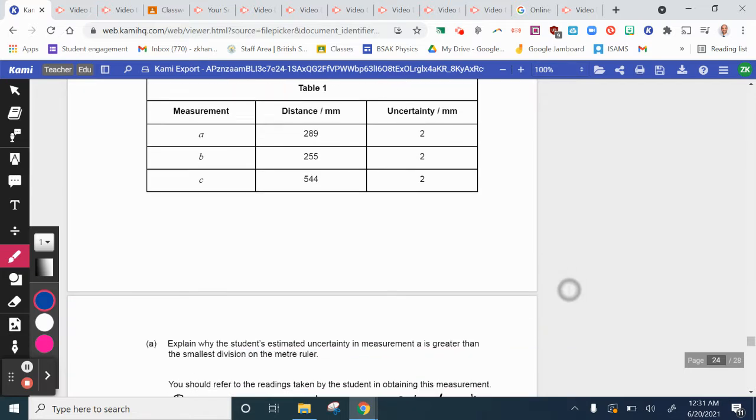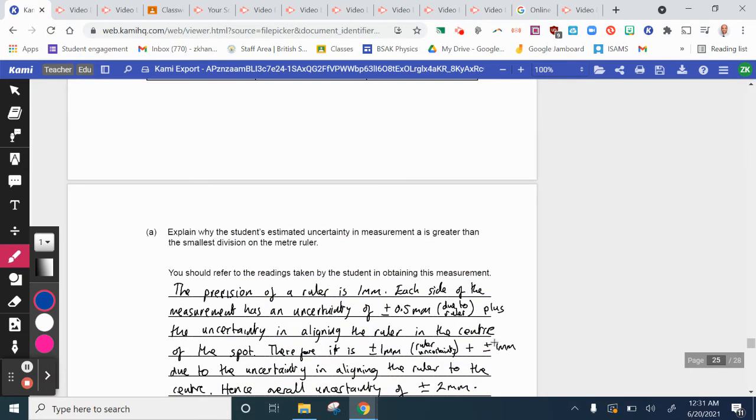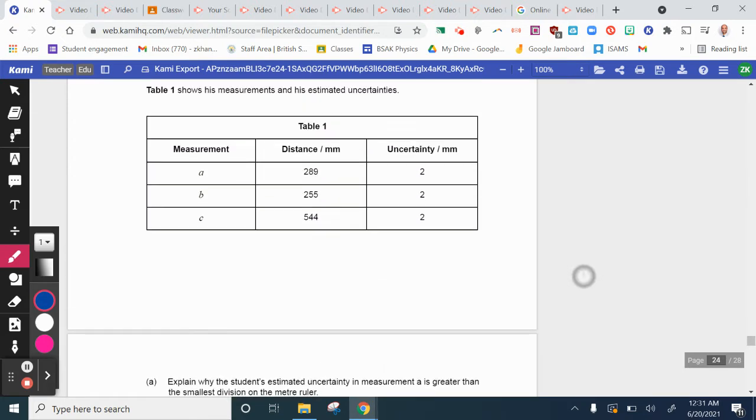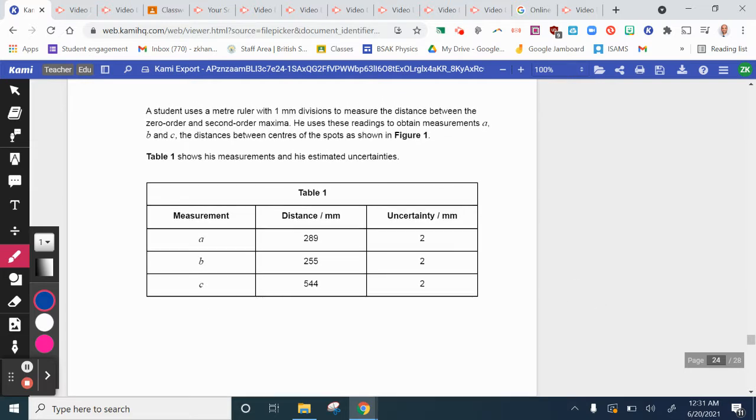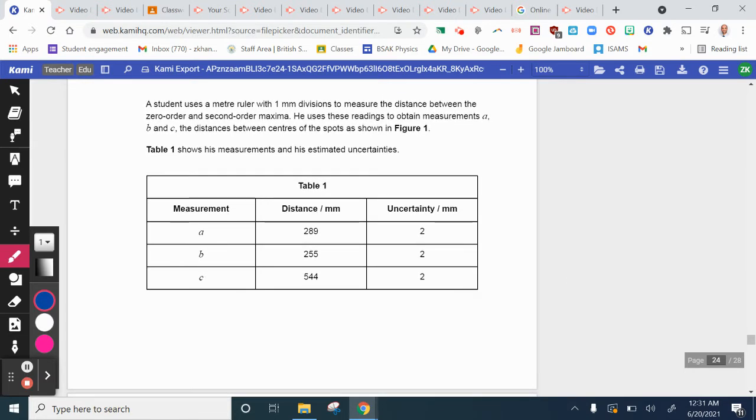Explain why the student's estimated uncertainty in the measurement A is greater than the smallest division on the meter rule. As we've discussed in our lessons, when we take a measurement with a ruler, we have a half a millimeter uncertainty on one end and half a millimeter uncertainty on the other end.